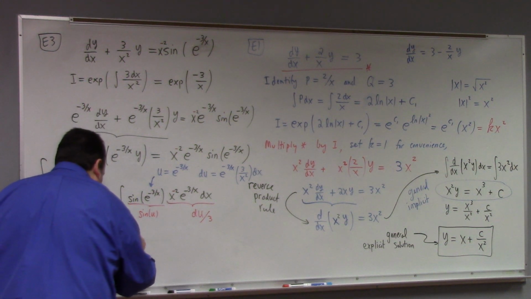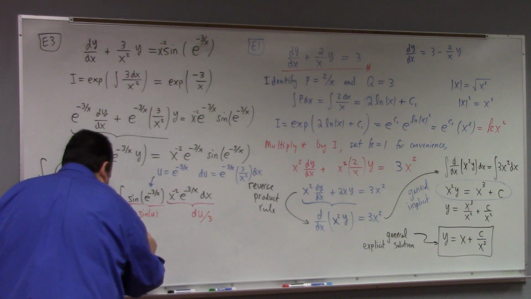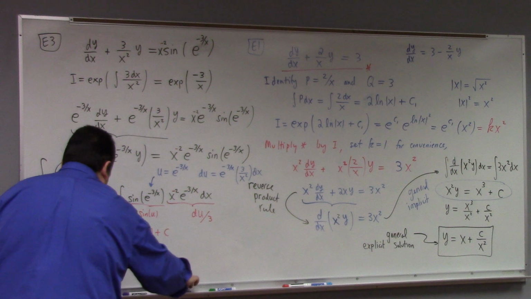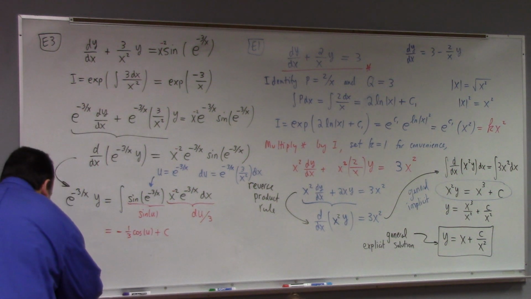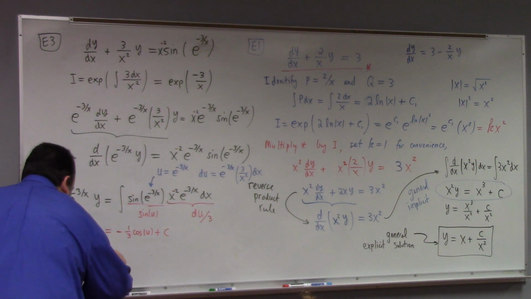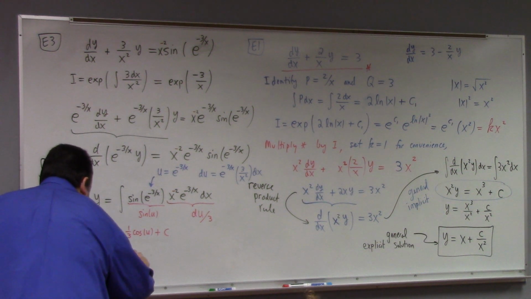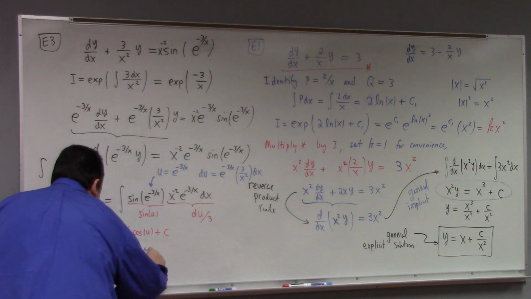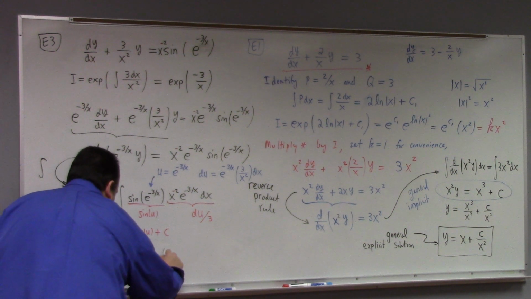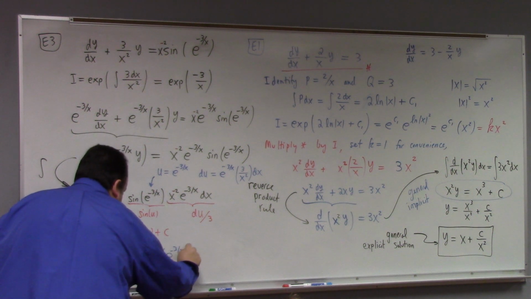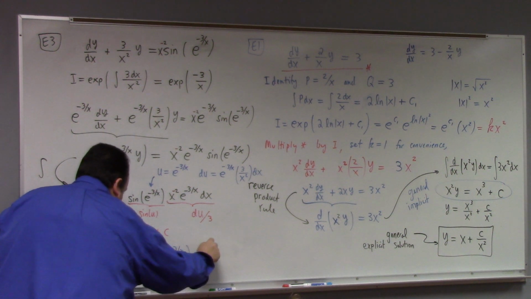We get minus 1/3 cosine of u plus a constant. So finally, let me put this example out of its misery. y equals c e to the 3 over x minus 1/3 e to the 3 over x times the cosine of e to the minus 3 over x, plus a constant.